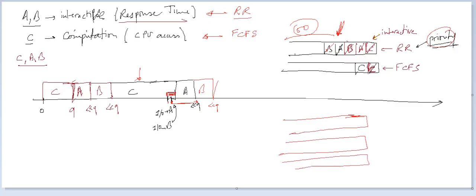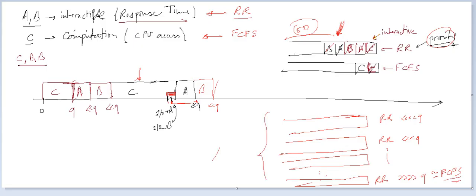So you have multiple levels, with round robin on the highest level with a very, very small quantum, and on the second level, lesser priority but with a larger quantum, and so on, until you get to the last level, which has a round robin with a very, very large quantum, which is almost similar to a first come, first served policy. On real systems, you could have like 100 of these.